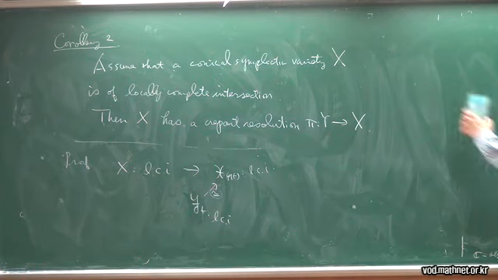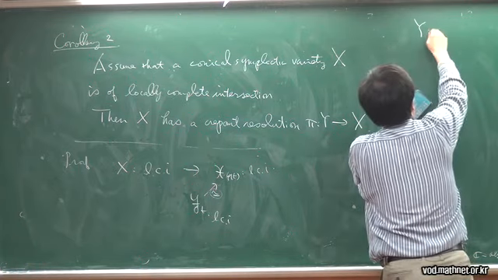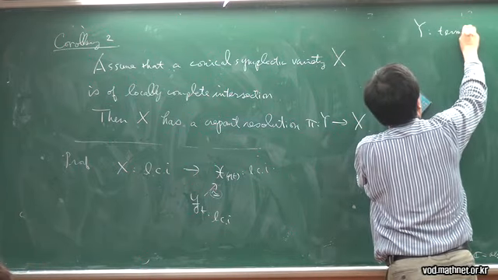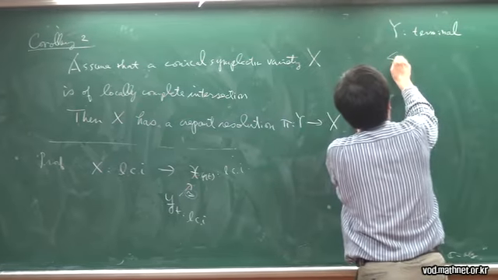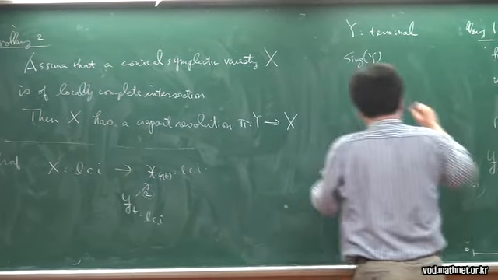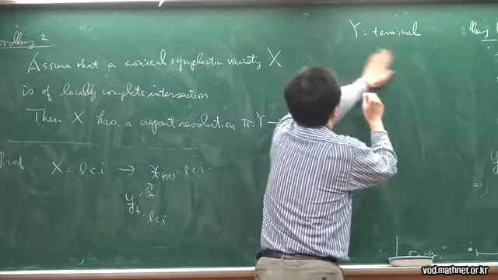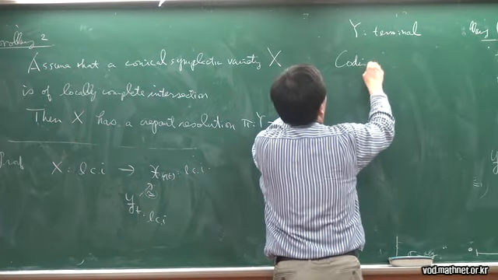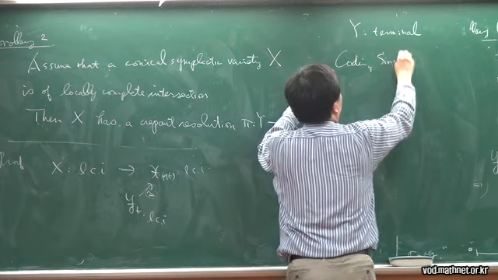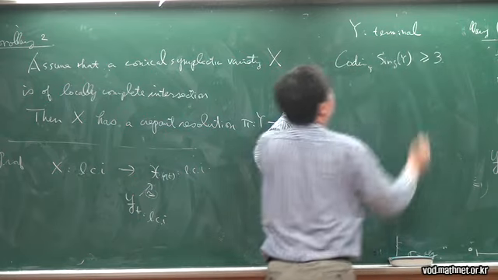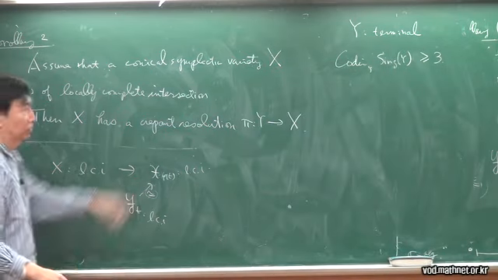So Y has only terminal singularities. This means that the singular locus has high codimension. Usually the codimension of the singular locus of Y is not less than 3.